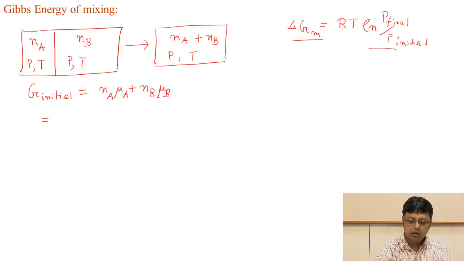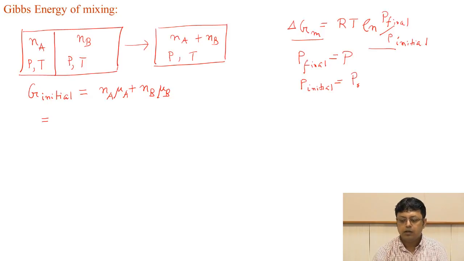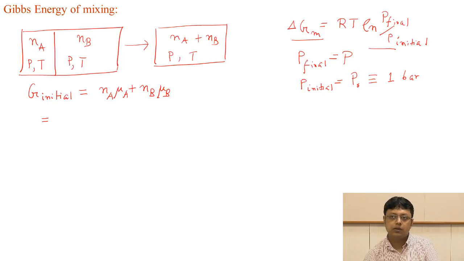Now delta G is nothing but G final minus G initial. We write the final pressure as just P, and the initial pressure as P0. What is P0? P0 is the standard pressure, which by SI unit we write as 1 bar. We are keeping 1 bar as the standard.